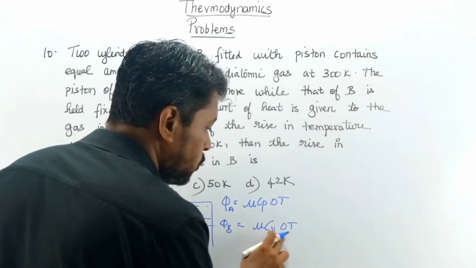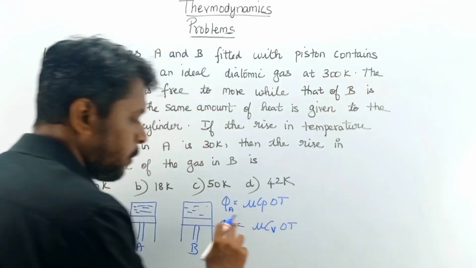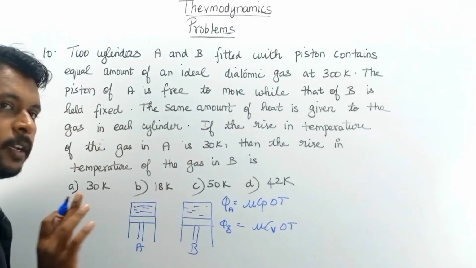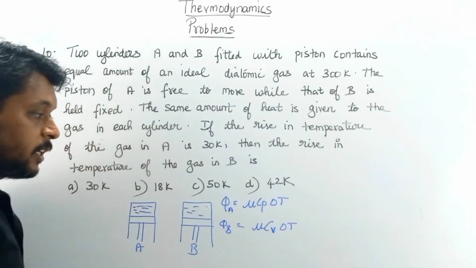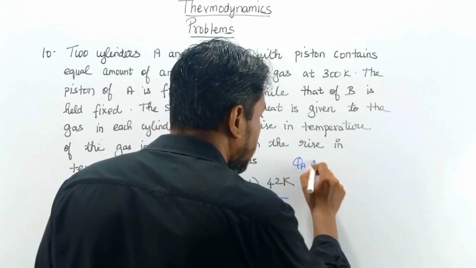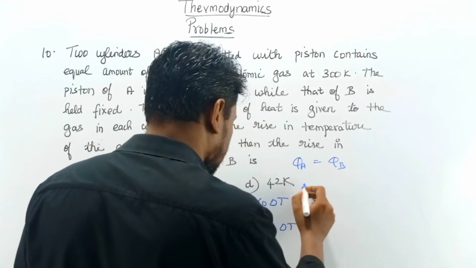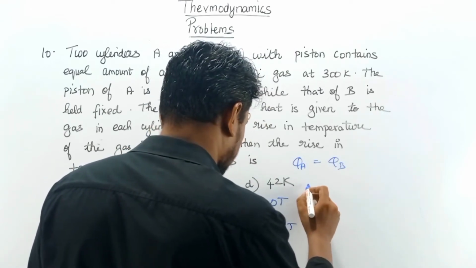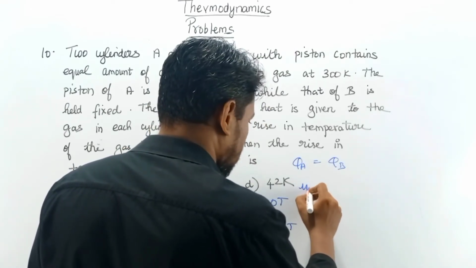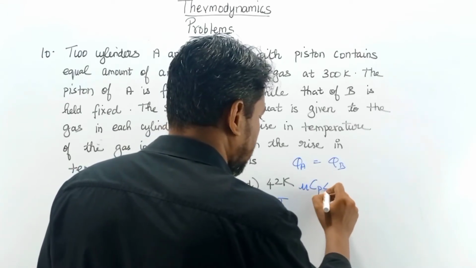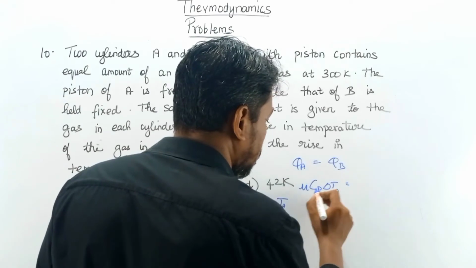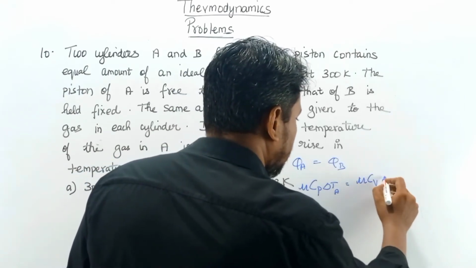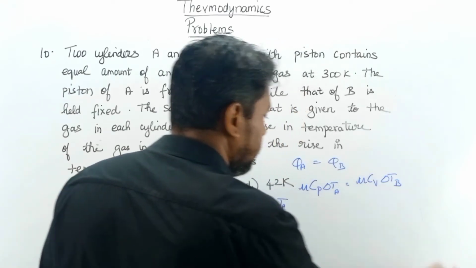So QB is equal to mu Cv delta T. They gave that the same amount of heat is given to the gas in each cylinder, which means QA is equal to QB. So mu Cp delta TA is equal to mu Cv delta TB.